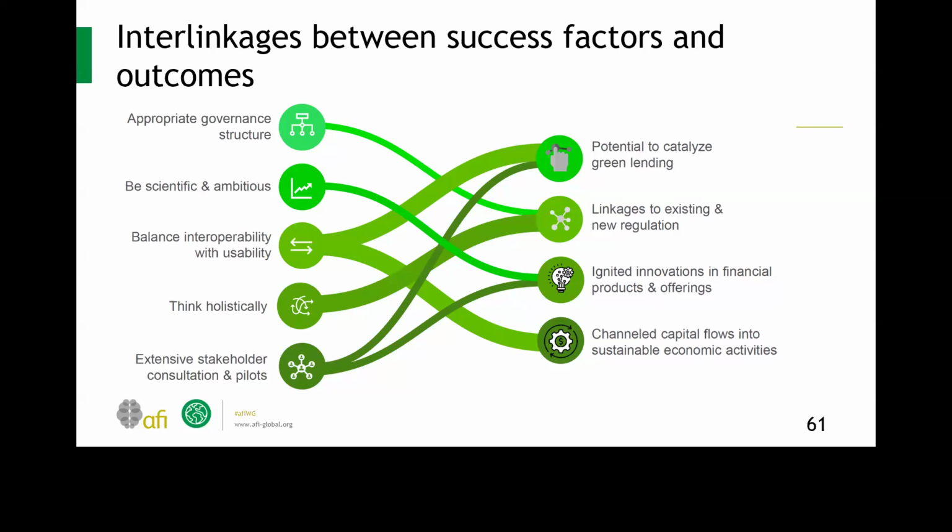Being scientific and ambitious, balancing interoperability, and thinking holistically allows you to bring the kind of innovation and steering of lending or financing that can go into sustainable initiatives. So basically, when the right input is deployed, we stand to see all the benefits, and it's all interlinked in green taxonomies.